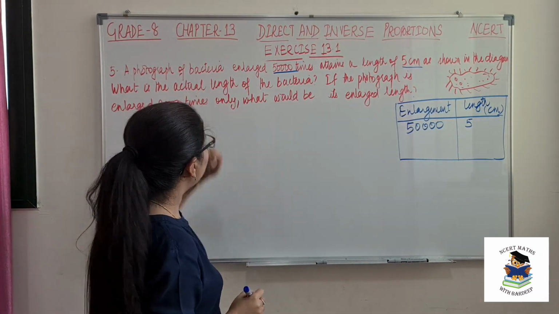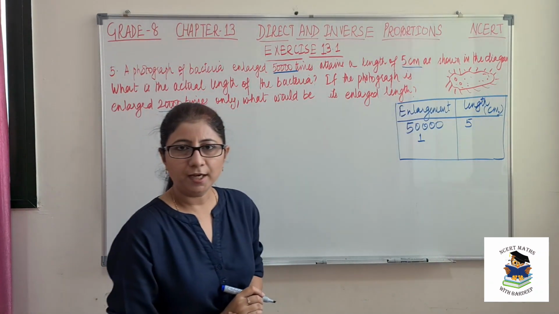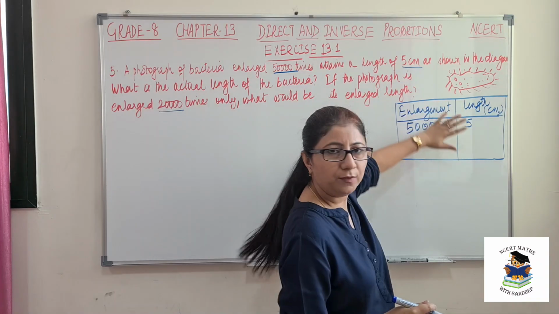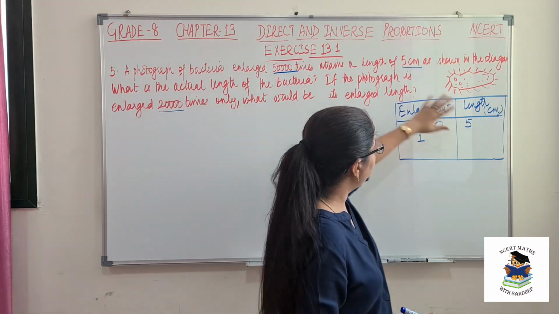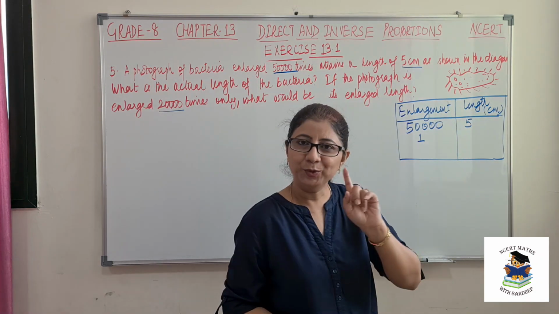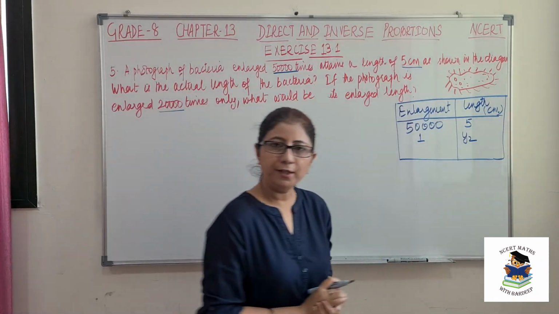Second is for actual length, which means without any enlargement, so the factor is to be taken as 1. The first is always taken as x and the second as y. So this is x1, x2, y1 and the missing value is y2. So we will write here y2.